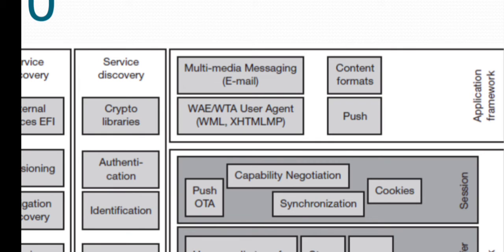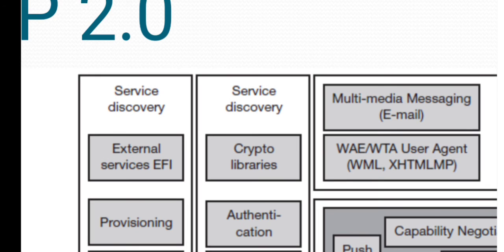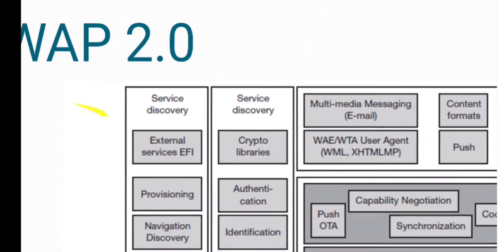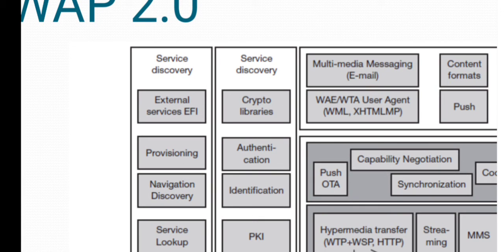So now we'll look at the service discovery. Over here we also have the service discovery. Service discovery is particularly important for the mobile devices. External functions or the services on the device which is outside the wireless application protocol specification can be discovered through the external functionality interface.